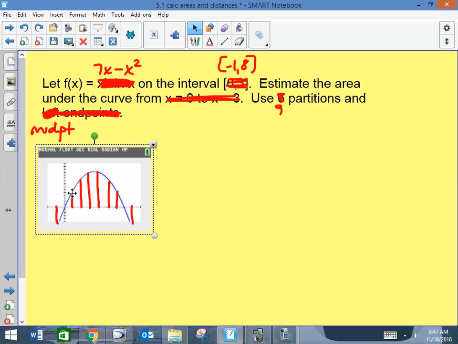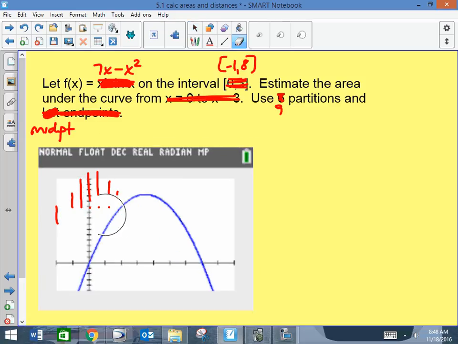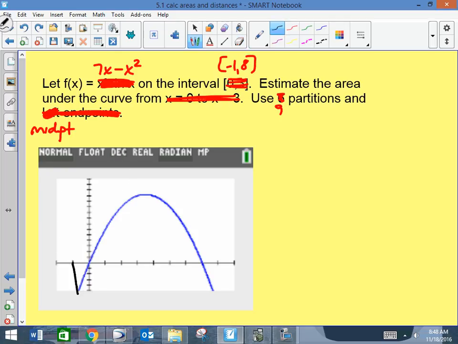We got 9: 1, 2, 3, 4, 5, 6, 7, 8, 9. 7 in here and 2 on the ends. Now the height is determined by the midpoint, but the rectangle still starts and ends there.